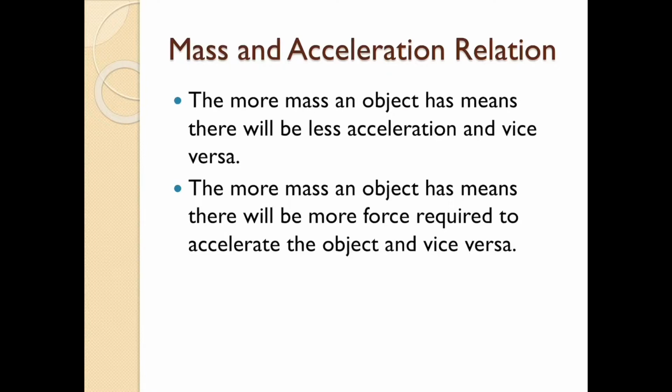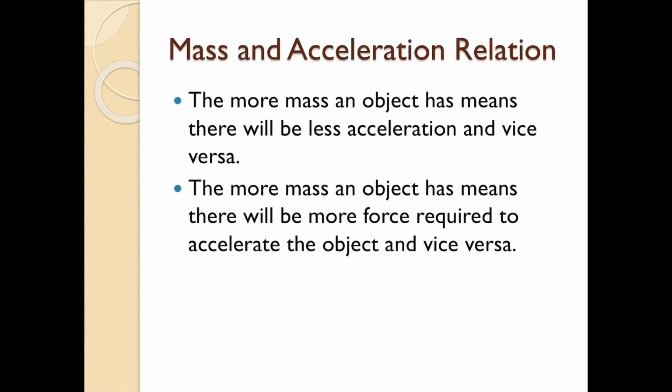But now that we are talking about forces, we need to know that if an object has more mass, then it's going to require more force in order to accelerate, and vice versa. If it has less mass, it's going to require less force, which then causes it to accelerate a lot faster.